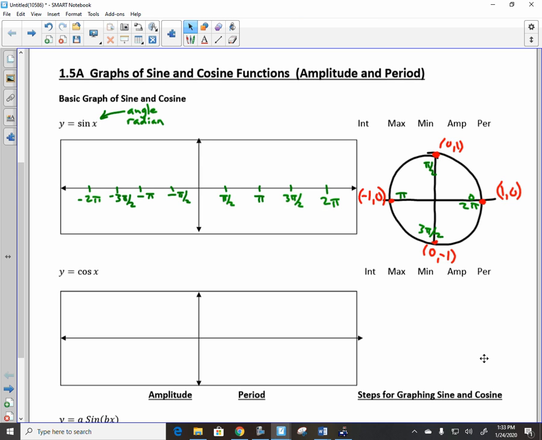Can somebody remind me what's the biggest value that I get for sine if it's the y value? What's the biggest it gets? That's the angle. What's the biggest y value that I have on the coordinates? 1. That's the largest it gets. The largest value it can be is 1. What's the lowest value it can be? -1.